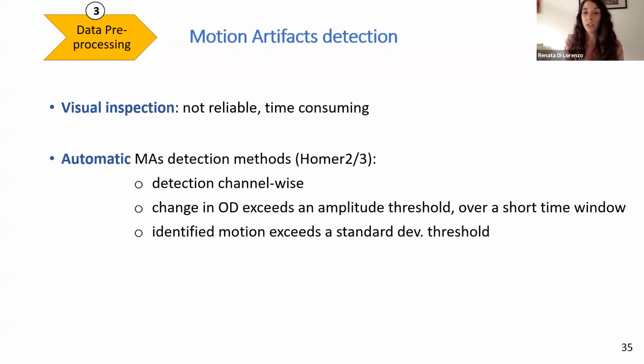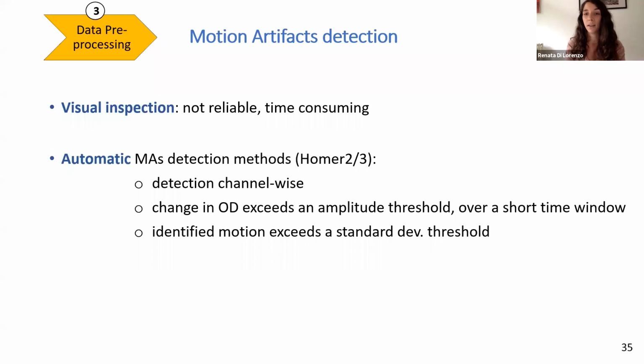So there are other ways you can do this. I personally use Homer 2. Now, there is also Homer 3, but there are other software packages available that use automatic motion artifact detection. In Homer 2, for instance, motion artifacts are detected channel-wise, and those are changes in optical density that exceed a certain amplitude threshold over a time window, and the motion that is identified must also exceed a certain standard deviation threshold.